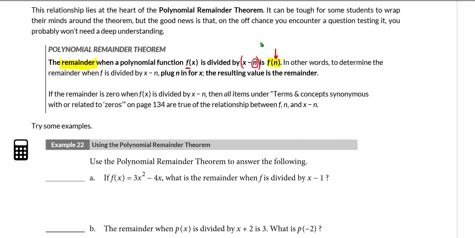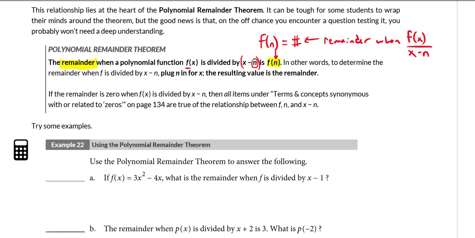In other words, if we calculate f of n, that value will be the remainder when f of x is divided by x minus n.